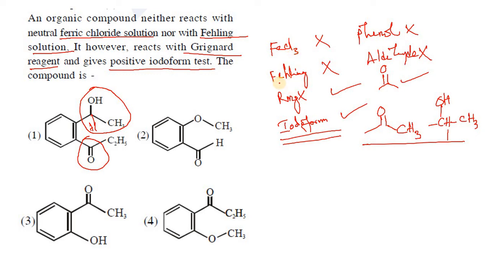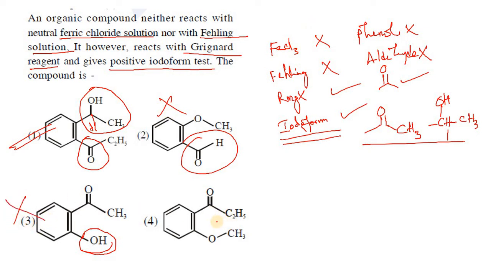And also here there is no aldehyde group, so the first one is the correct option. Let's take the second one. This one is an aldehyde, this is positive towards Fehling's solution, so incorrect. And the third one is a ketone and a phenolic derivative, so this one is positive towards neutral ferric chloride, so this one is also incorrect.